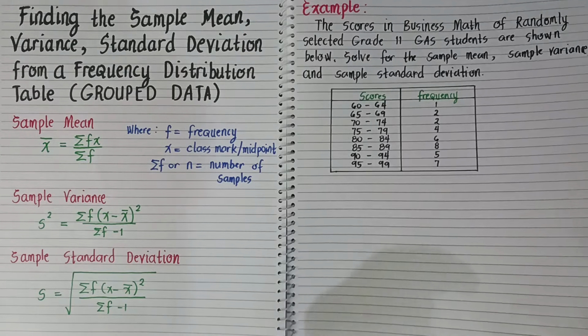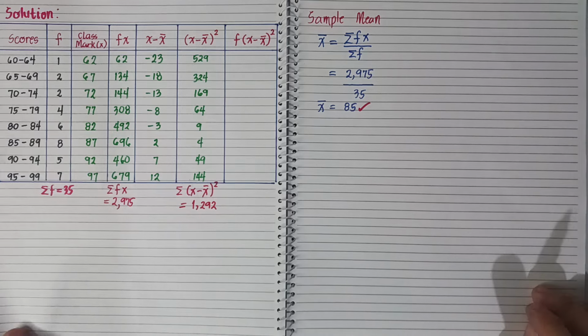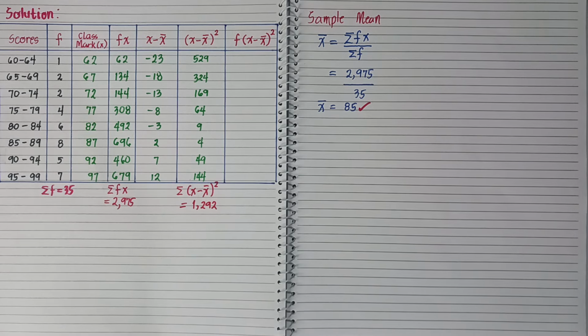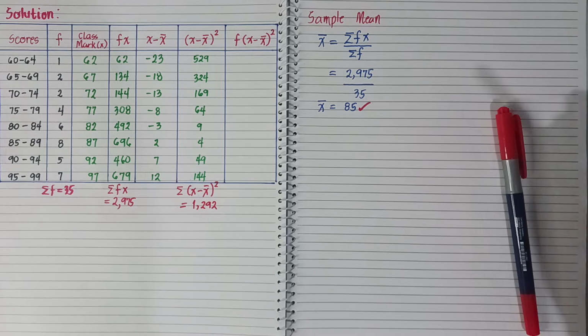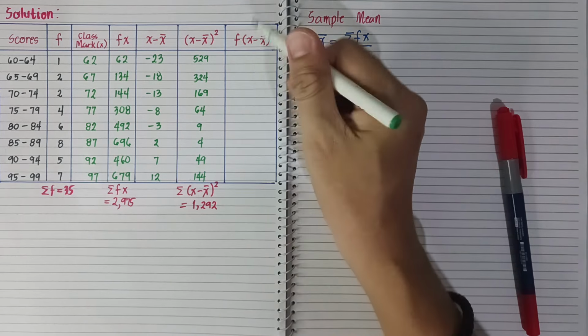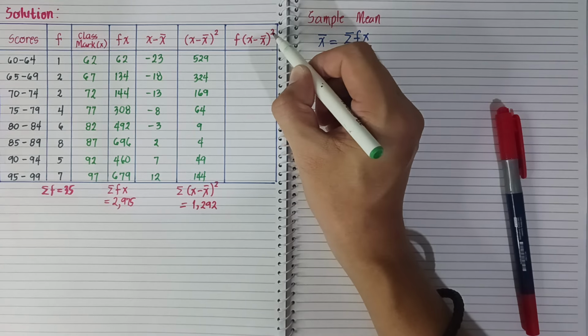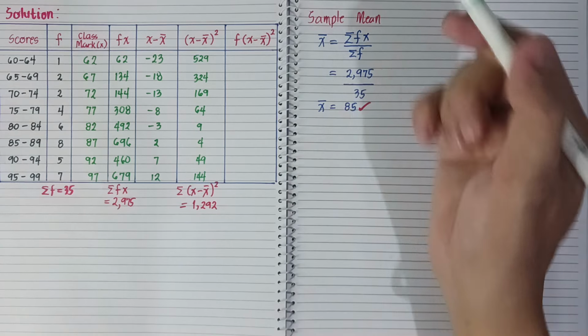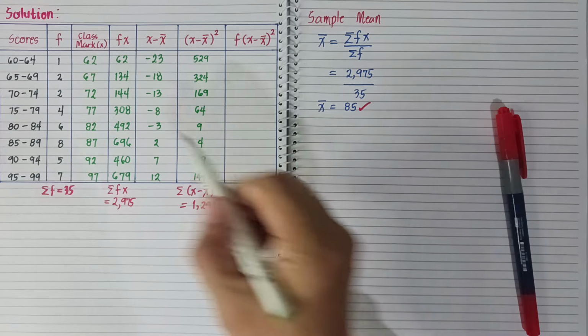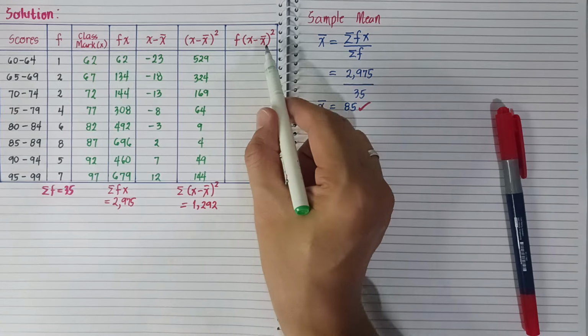Gets? So, next, we have the last column. Dito guys, kung mapapansin natin, we have f times the quantity of x minus x bar, squared. We have frequency, right? Times ito.